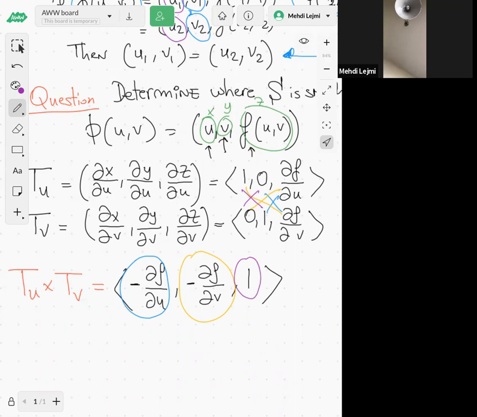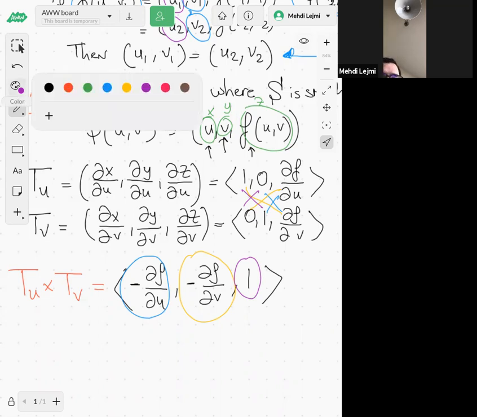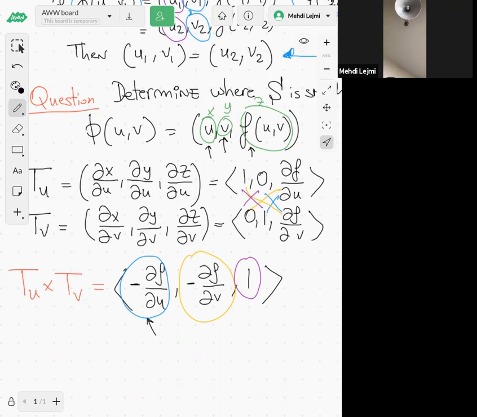Okay. Now, of course, we have to compare this to the 0 vector. This derivative here could be 0 at some point, and this one also could be 0 at some point, but the last component is always equal to 1, so it's never 0. So this vector is different from the 0 vector for any u, v.